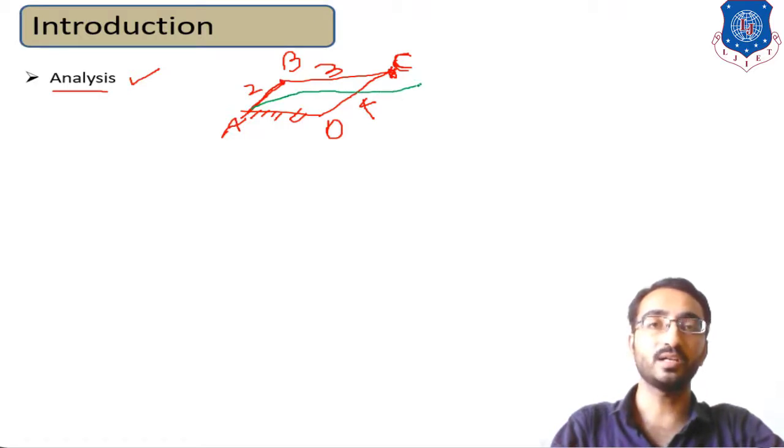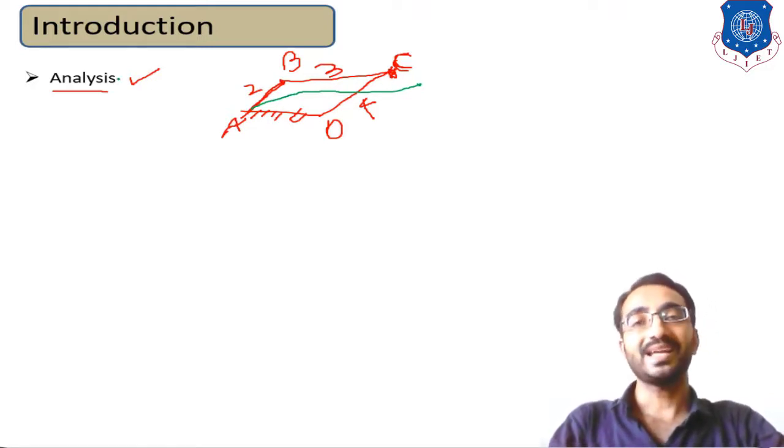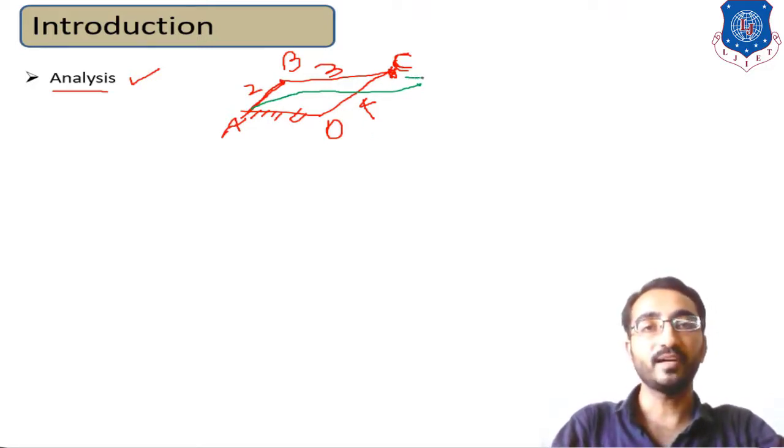At that time you can assume that it is somewhere here. But if you do a proper analysis, then you identify the next position, the velocity of point C and the acceleration.